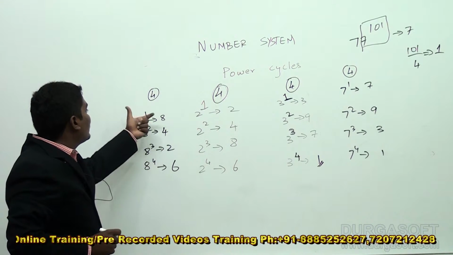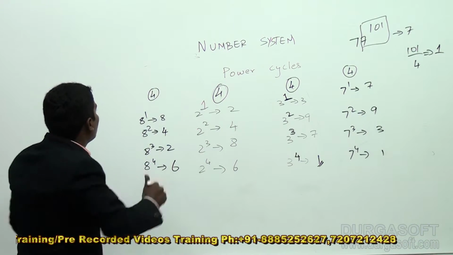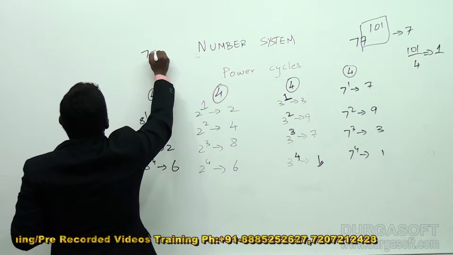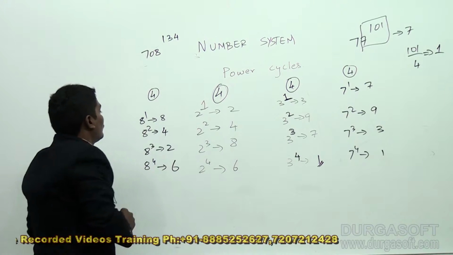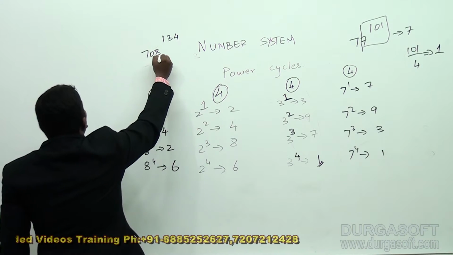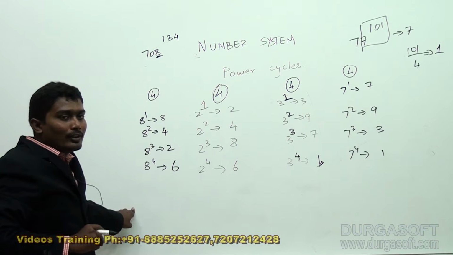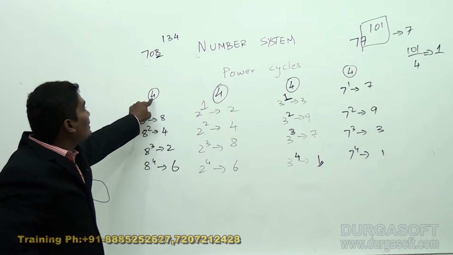So what I will be doing is, same way, dividing the power by 4. So let's say 708 to the power 134. Here the unit digit is 8. So I look at the power cycle of 8. The power cycle of 8 says that I have to divide by 4.